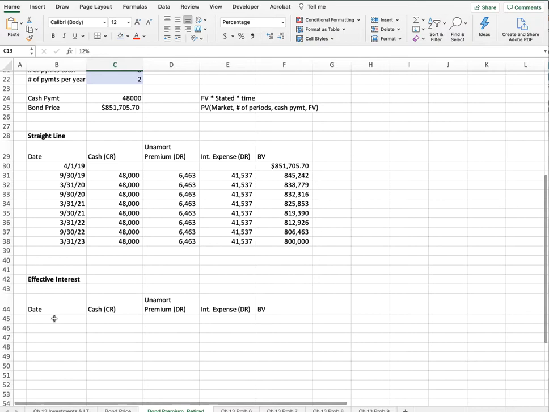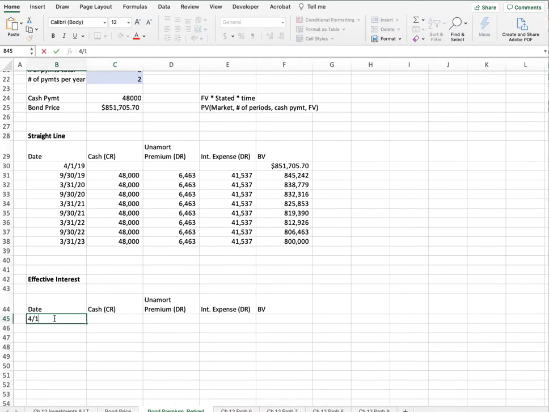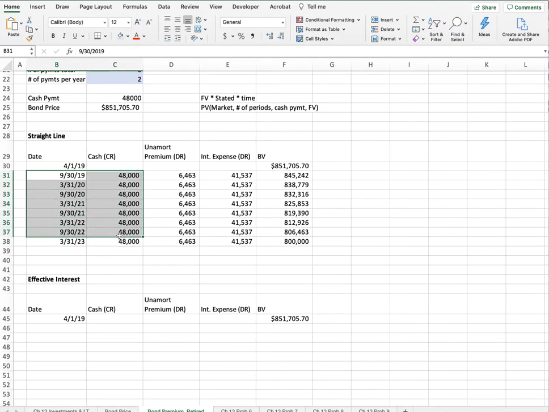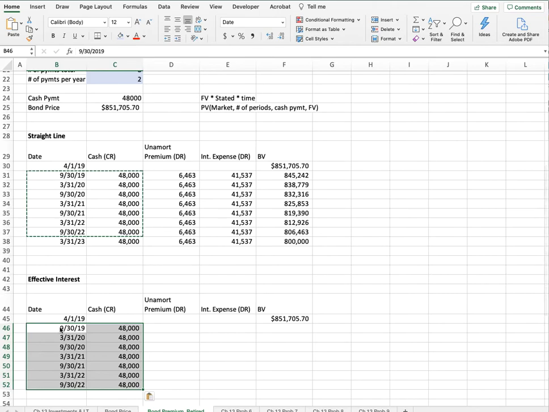So now let's do the effective interest. We still start out with that same book value of $851,705.70, and we can just really copy the dates and the cash payments down if we want to. Oh, I missed one. Okay, so that's going to stay the same.